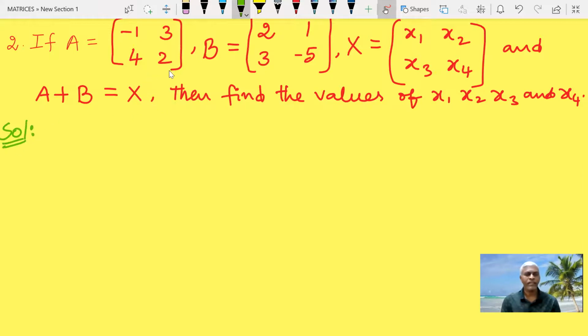A is of order 2 by 2, 2 rows, 2 columns. B is 2 by 2, X is 2 by 2. We can add A plus B. Condition is satisfied.